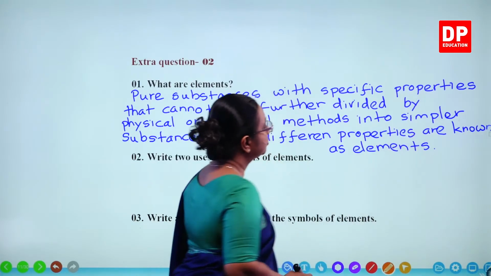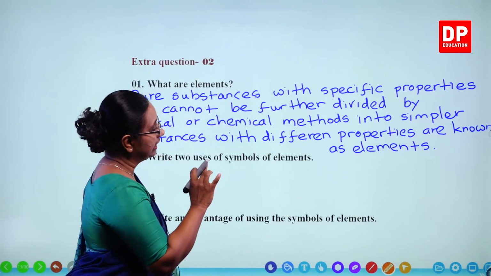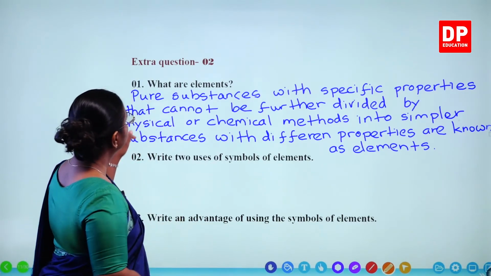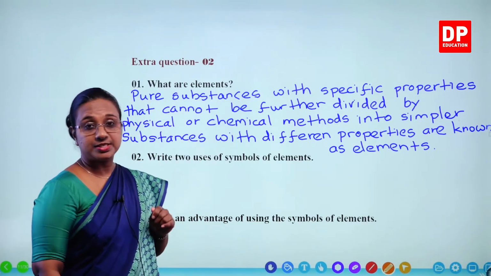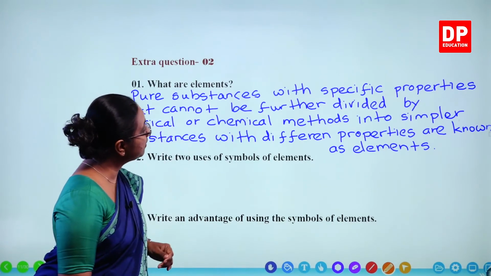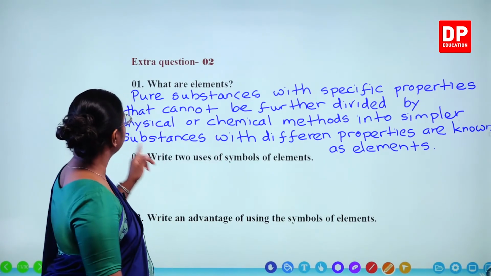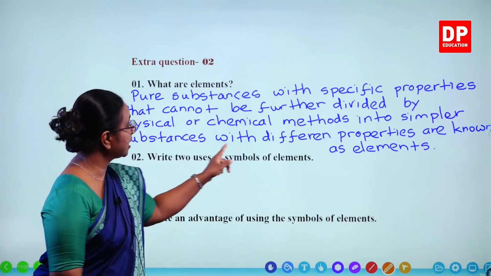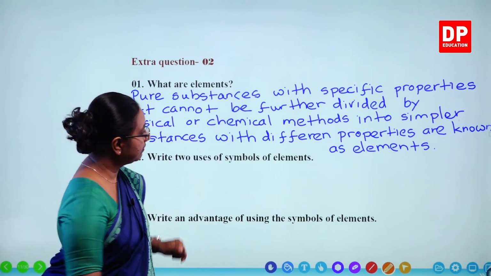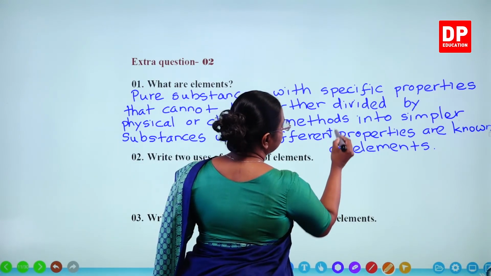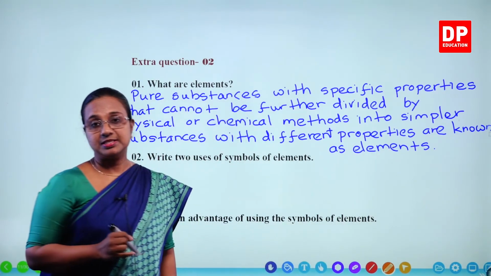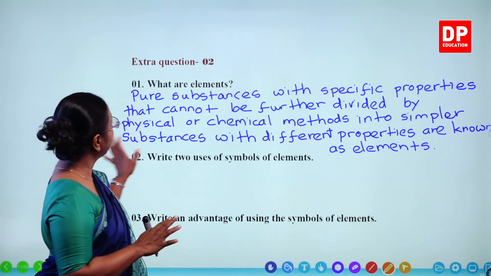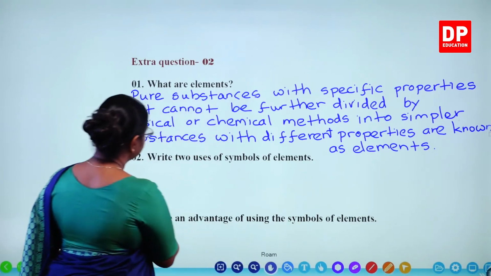So we can stop the answer there or complete it by saying are known as elements. So pure substances with specific properties that cannot be further divided by physical or chemical methods into simpler substances with different properties are known as elements. Is that okay, students? So that is the answer for this question.